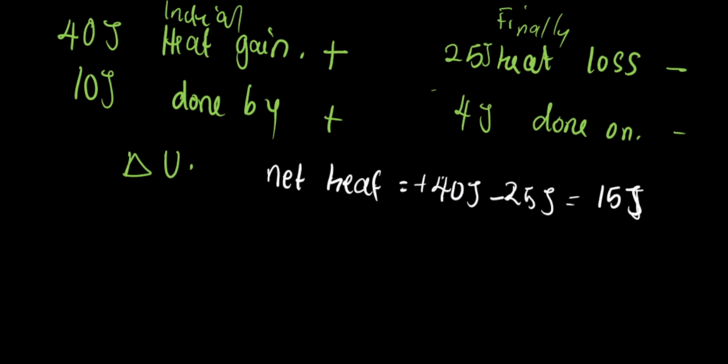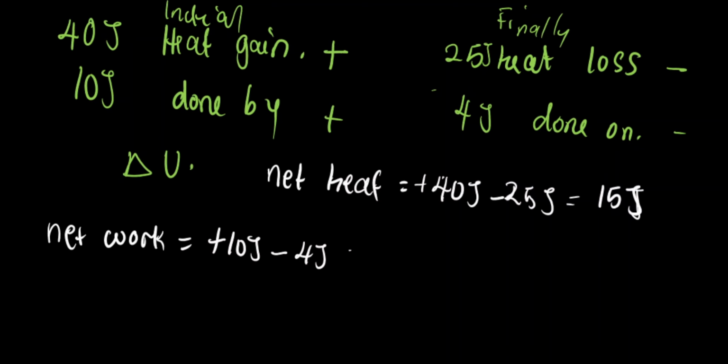Now, taking a look at the next part, which would be the net work done either on or by the system. The net work is going to be positive 10 joules, because it's work done by the system, and negative 4 joules, work done on the system. So this would give us 6 joules.